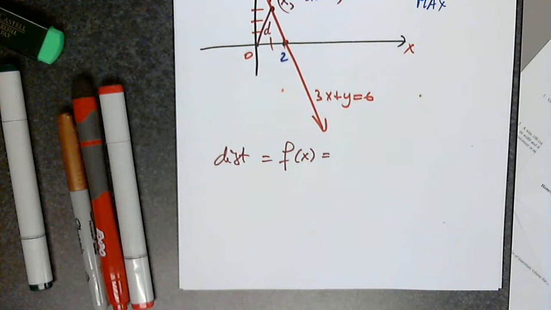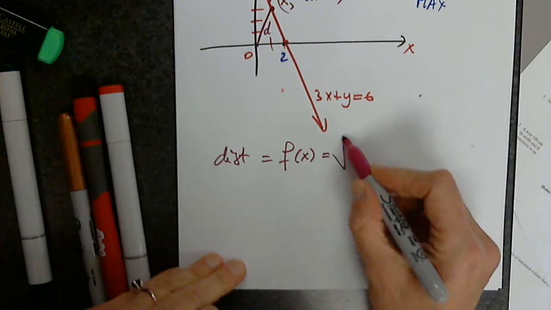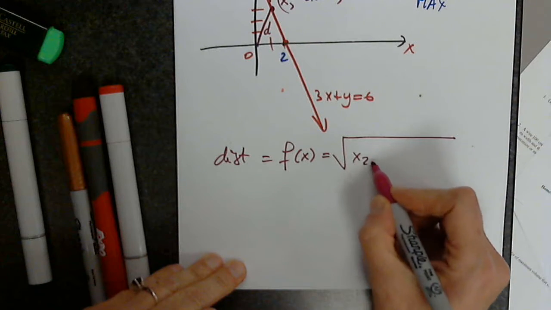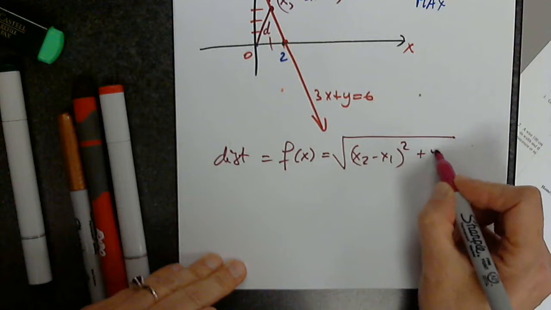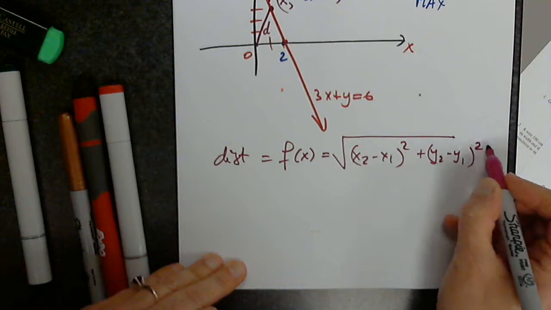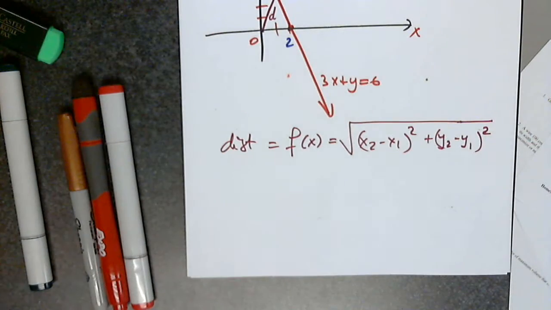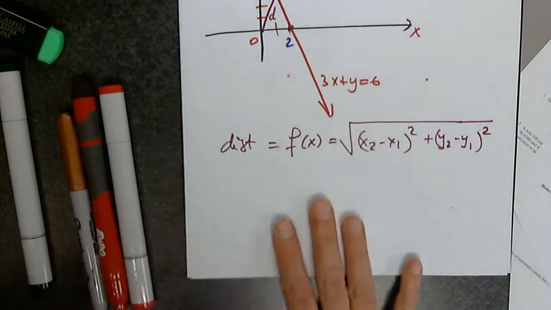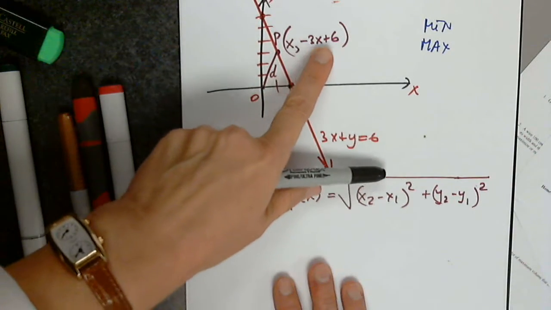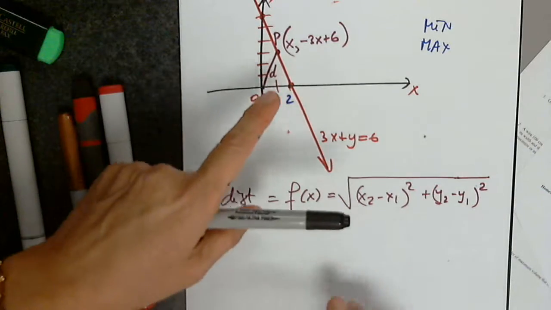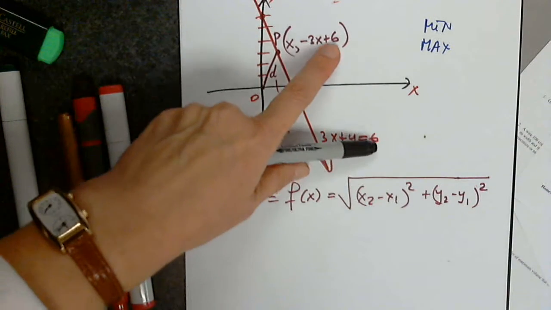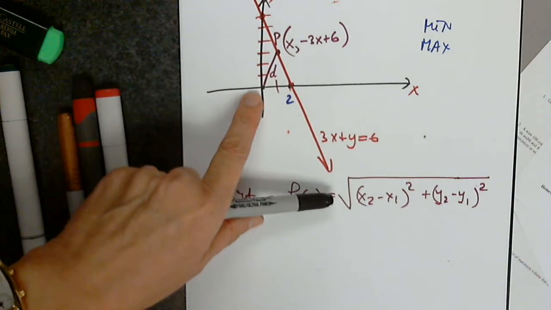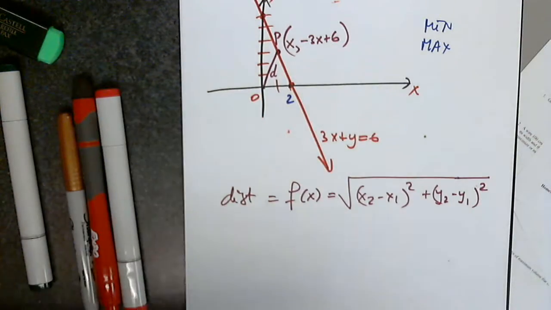The square root of x2 minus x1, everything squared, plus y2 minus y1, everything squared. This is my x2 and my y2, and this is 0, 0, x1, y1.